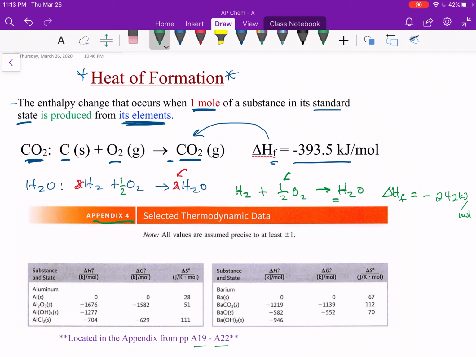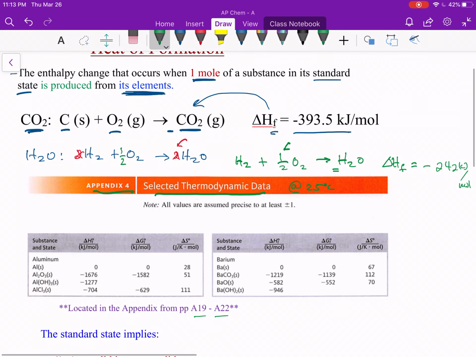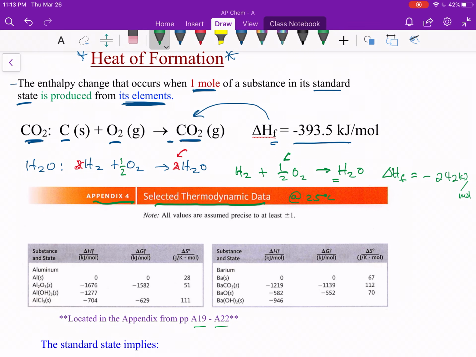I only copied a very small part of it. So we're going to see selected thermodynamic data. Most of this data is collected at 25 degrees C. But again, if we look at it, what we see is a couple of things in this chart. We're going to see the substance here, and then 3 columns of numbers.